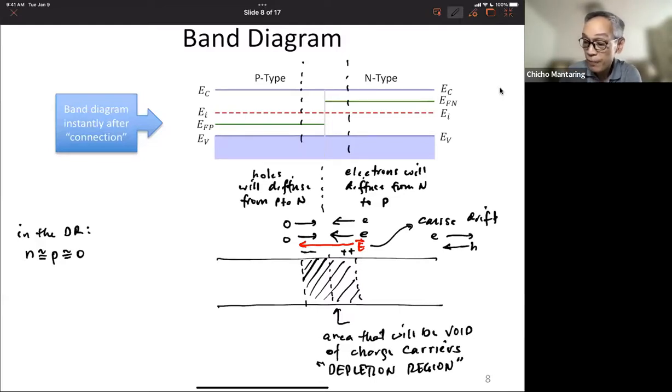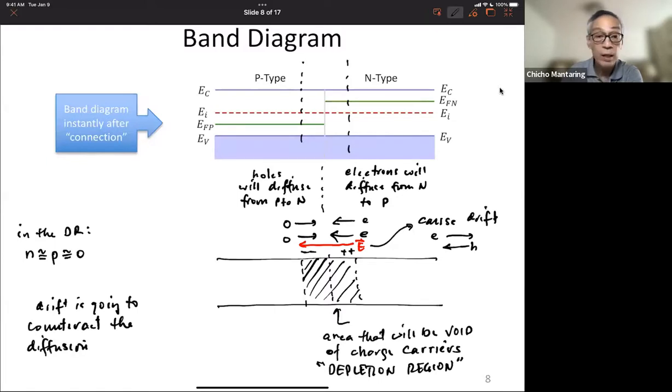So the drift is going to counteract the diffusion, and at equilibrium, I will be equal to 0. At equilibrium, the drift current and the diffusion current are going to cancel out each other.